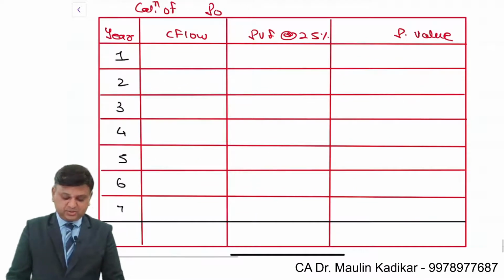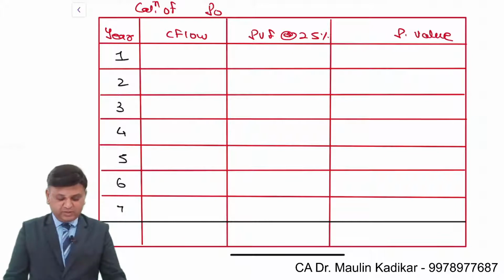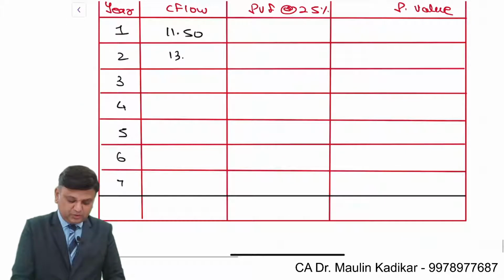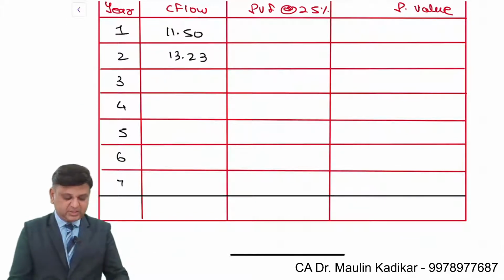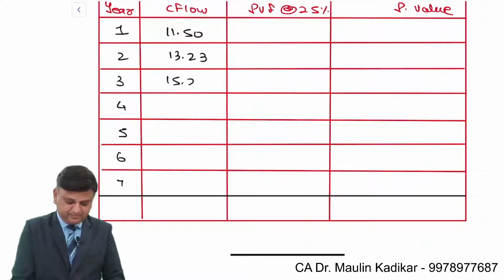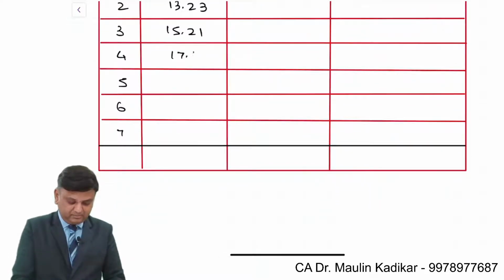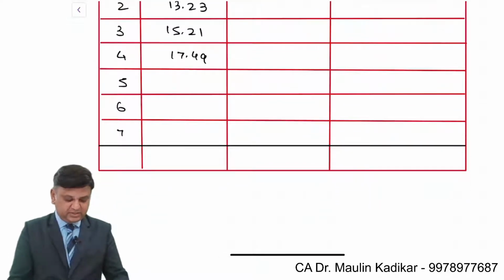Lastly, P0 calculation. Year 1 to year 7 dividends have already been calculated by us. The first year dividend is 11.5. Second year it is 13.23. Third year it is 15.21. Fourth year it is 17.49. Fifth year it is 20.11.